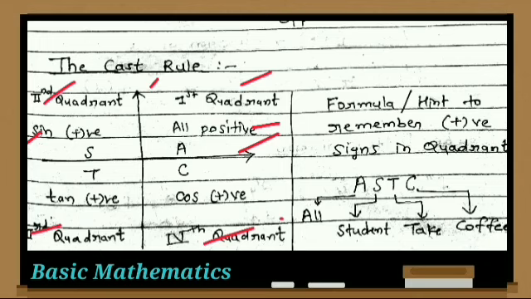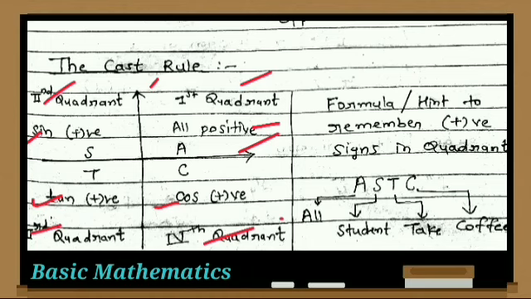In the third quadrant, tan theta and cot theta both will be positive, because tan theta and cot theta are reciprocal to each other, and in the second quadrant sin theta and cosec theta are reciprocal to each other. Okay, now let's move to the fourth quadrant. In the fourth quadrant, cos theta is positive and the reciprocal of cos theta is sec theta. That means sec theta and cos theta both are positive in the fourth quadrant.